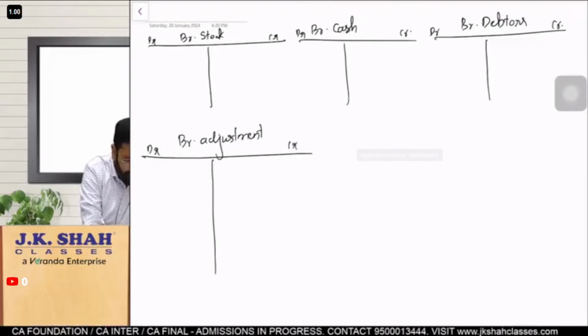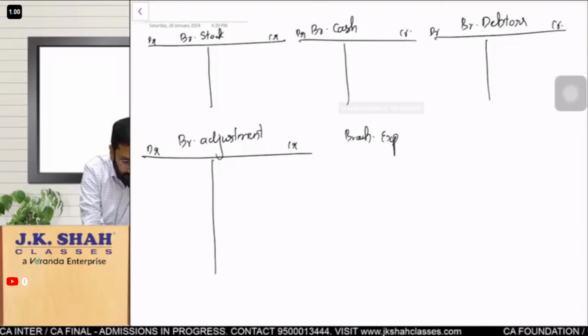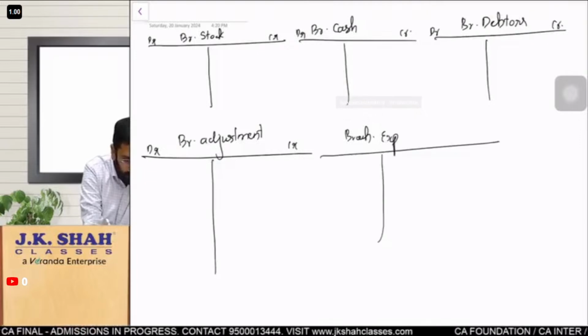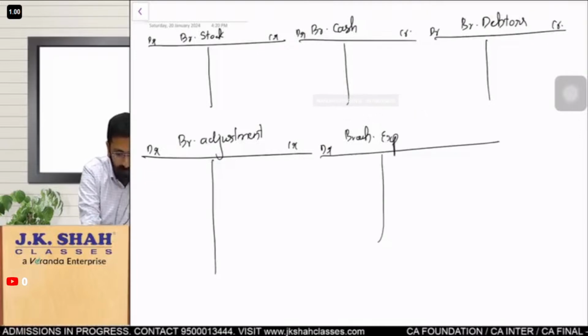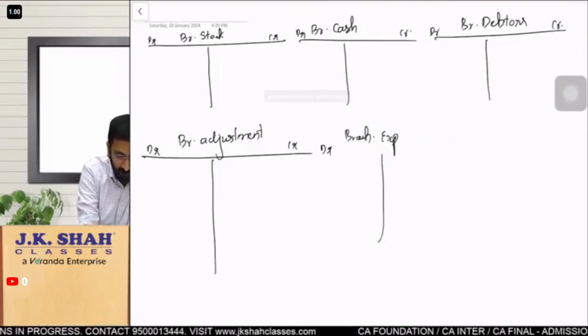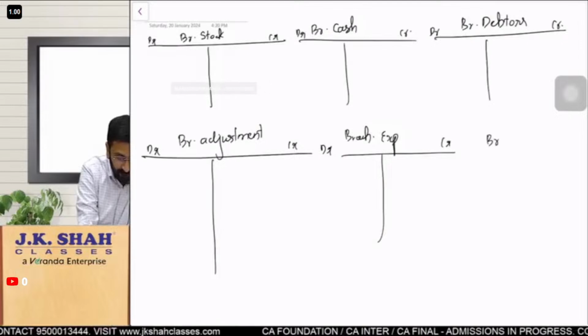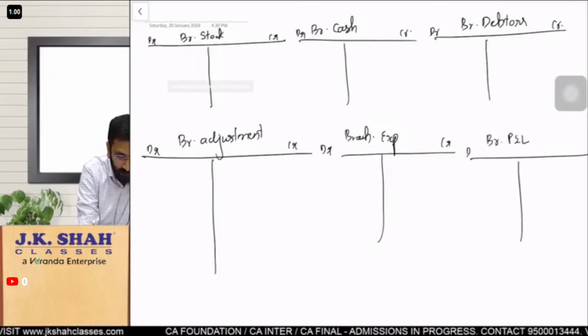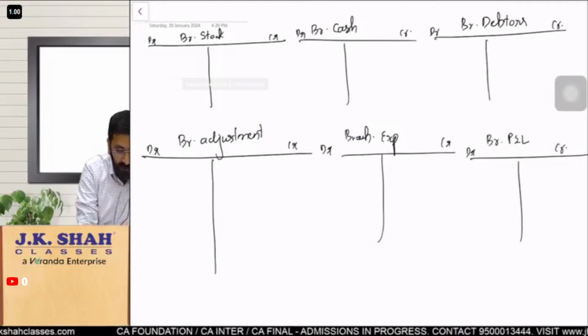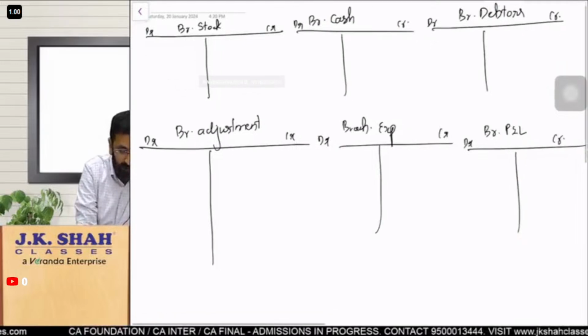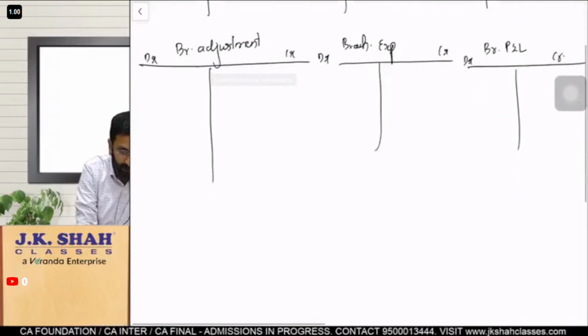Next, branch expense. Branch P&L. Loss when route sent to branch. GSP.